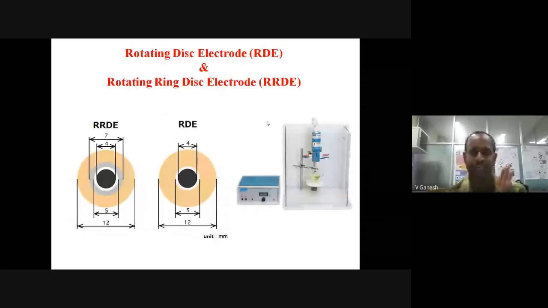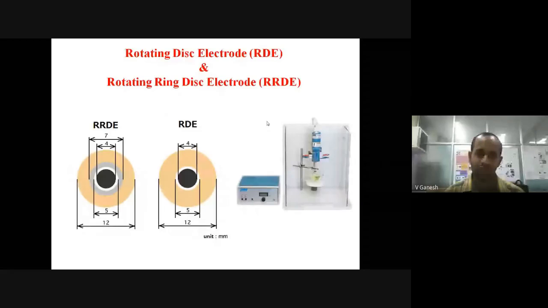Now, techniques like rotating disc electrode and rotating ring disc electrode became very popular in recent times because of their importance to fuel cell reactions, mainly the oxygen reduction reaction.